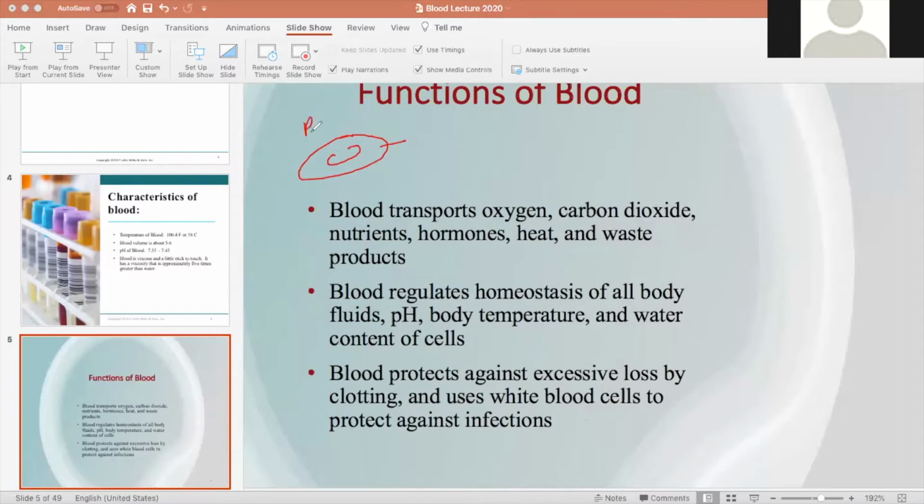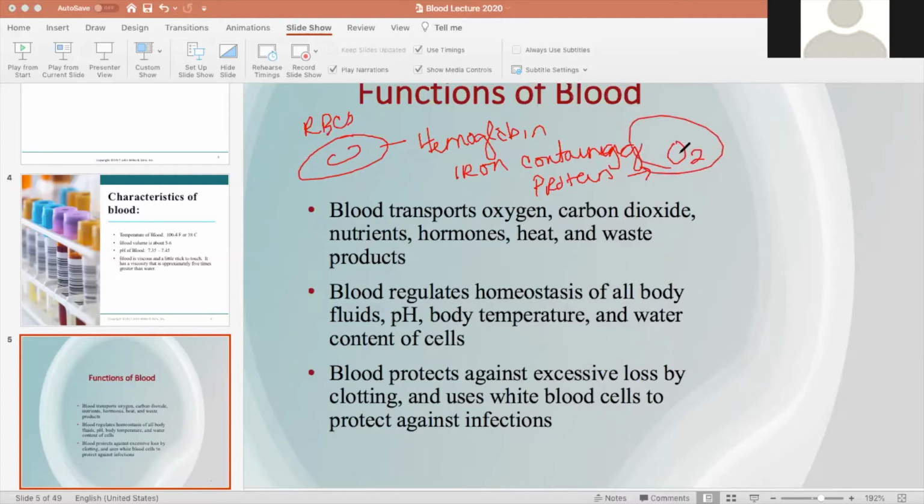So remember, the red blood cells have hemoglobin, and that hemoglobin molecule is an iron containing protein. And you know that the iron containing protein carries oxygen, right? So that is the big deal with red blood cells.